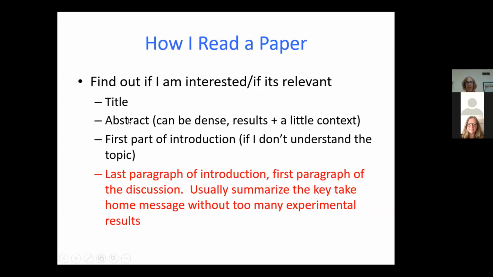Then there's the abstract, but it can be a little dense because it's got so much stuff interwoven into it. So if I find it hard to follow the abstract, I look at the first part of the introduction. That's a really good background. If you're not so familiar with a subject, the very first paragraph of an introduction tends to give you the most basic background as a lead-in.